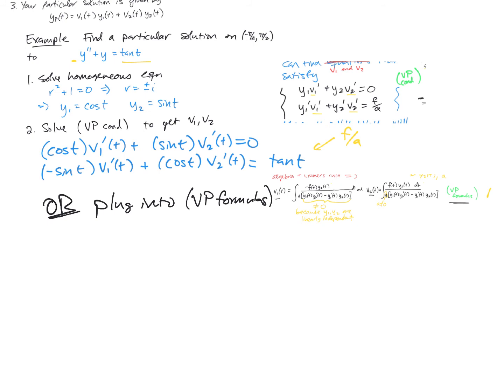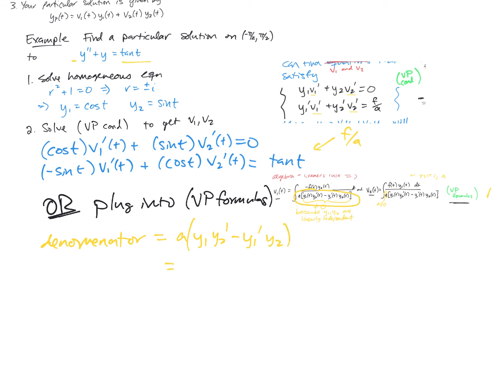And notice that this denominator here is a times y1 y2 prime minus y1 prime y2, right?